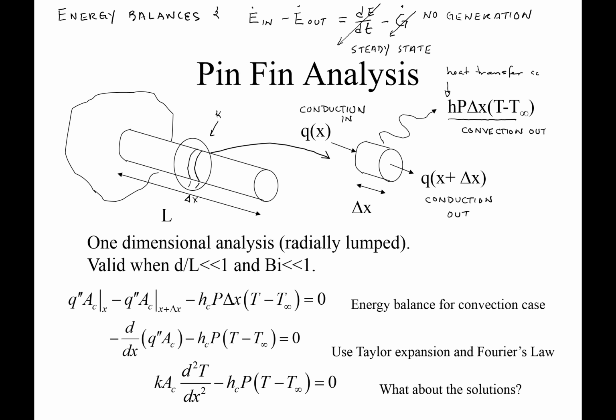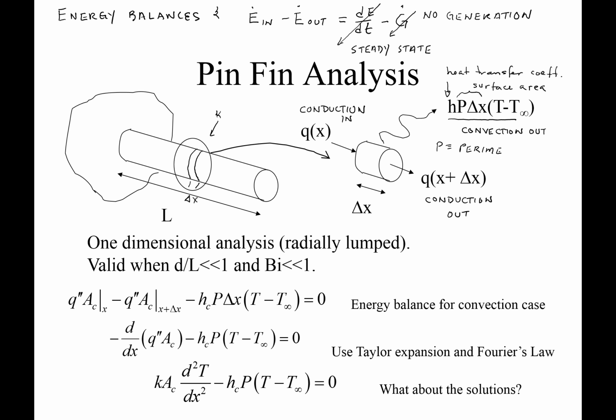And we know that the amount of power that we're convectively transferring is proportional to the heat transfer coefficient, and it's also proportional to the surface area. So the surface area shows up here as this P delta X. P, let's note, is the perimeter of this fin.